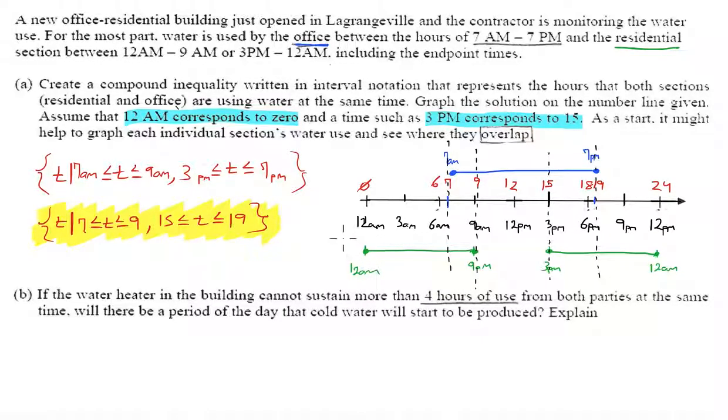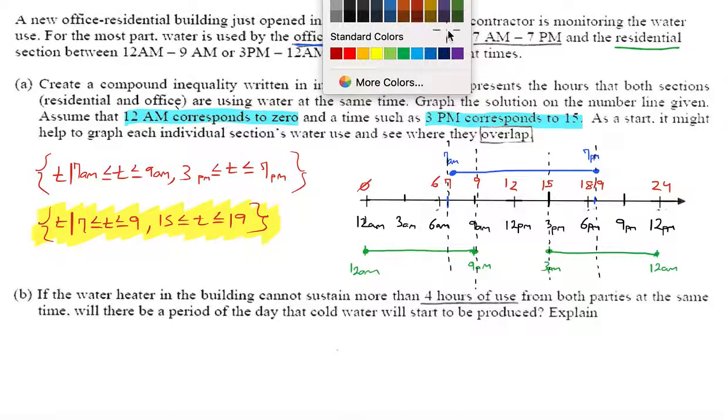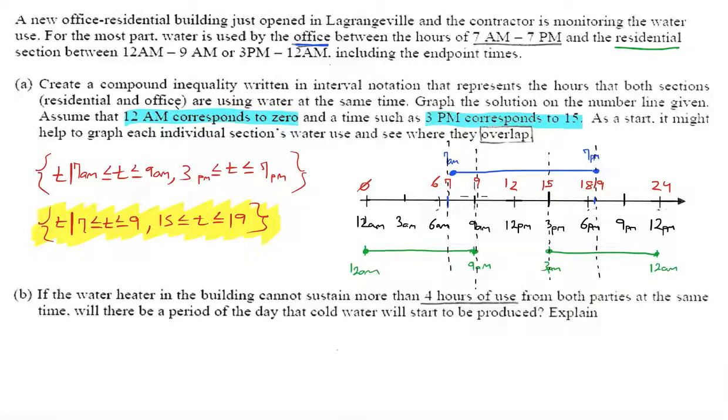In order for that to happen, you would need a 4-hour interval where both the residential section and the office section are using water. And let's point out that this region here, from 7 a.m. to 9 a.m., or between the hours of 7 and 9, however you want to think about it, is a 2-hour span.